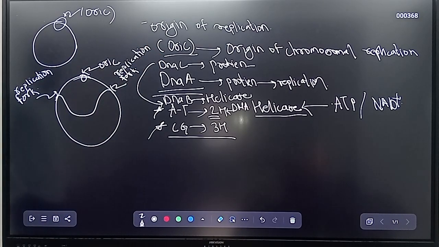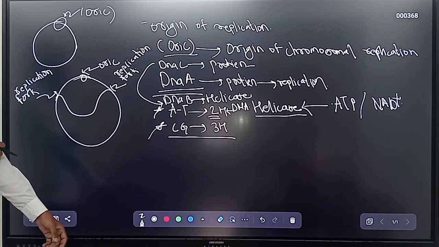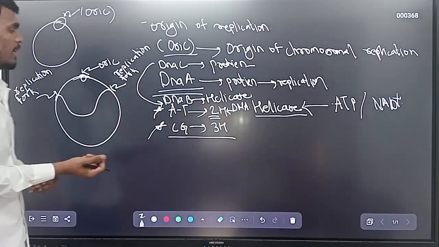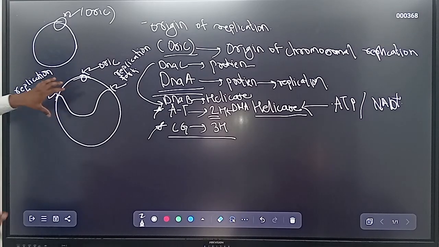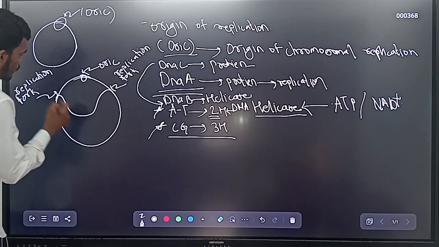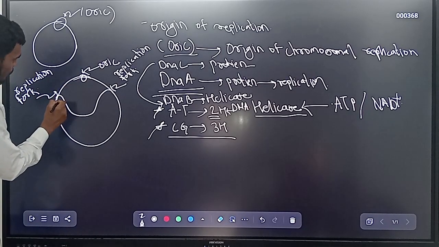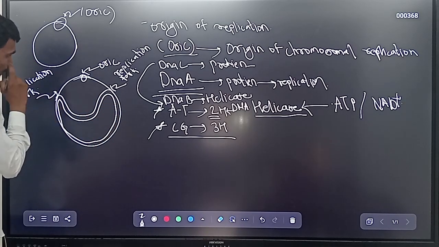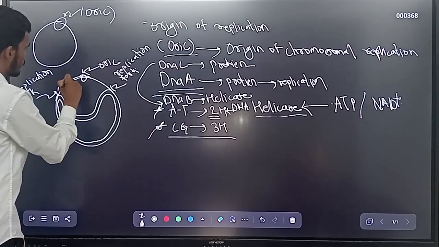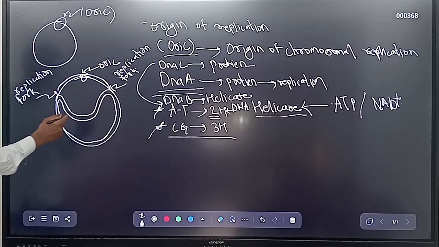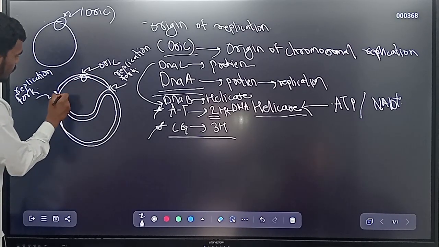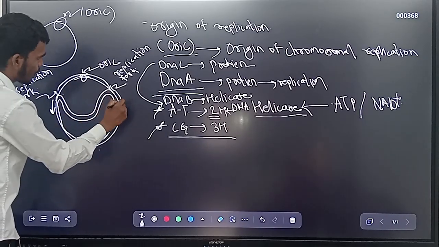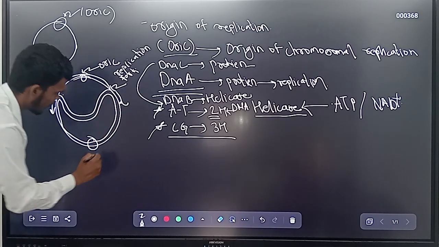When this DNA, this is the point of origin of replication, it will form the replication forks, and these replication forks will go in opposite directions from the point of origin of replication.